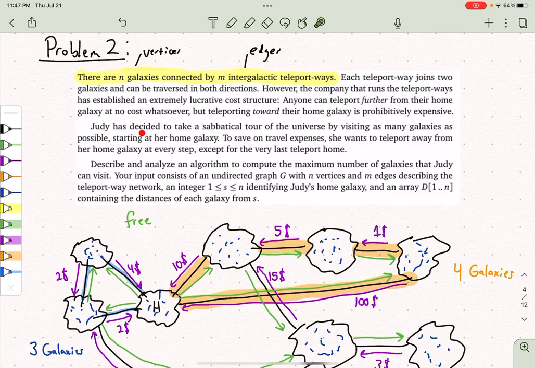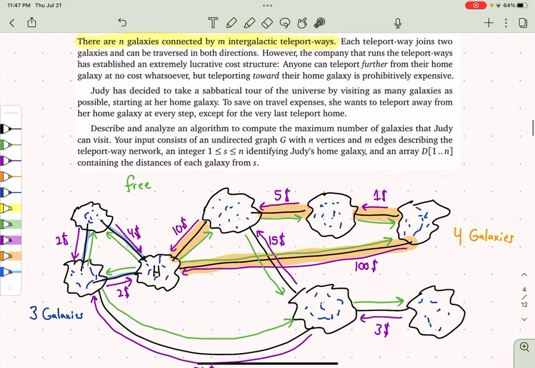So Judy wants to take a tour of the universe, starting at her home galaxy and teleporting away, but eventually she has to come back. To save on expenses, she wants to teleport back only once. So she's going to keep teleporting farther and farther away until eventually she takes the last edge back. This is the problem we want to solve: helping Judy visit as many galaxies as possible. We're going to maximize her sightseeing tour.